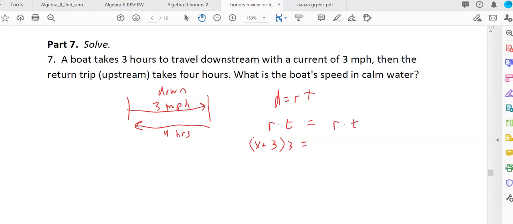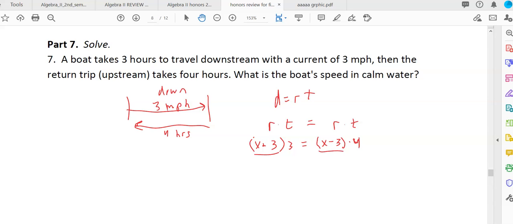And the rate is going to be x minus 3. So the current is like your rate minus 3, times the time of 4 hours. It makes sense it's going to take longer coming back, right? So this is downstream, this is upstream.